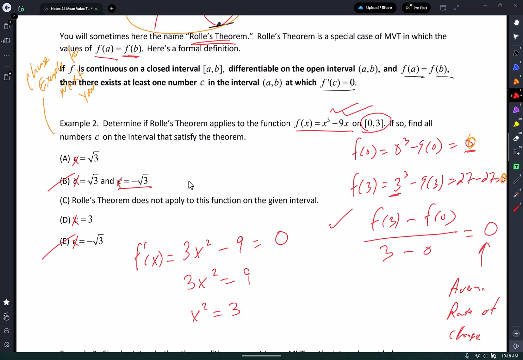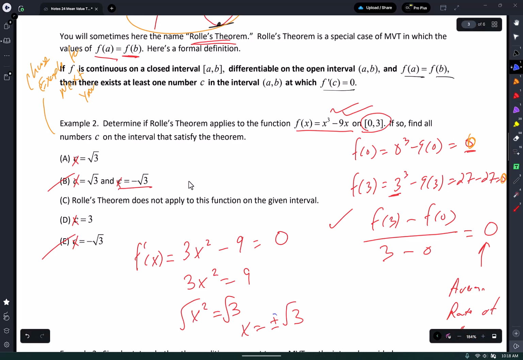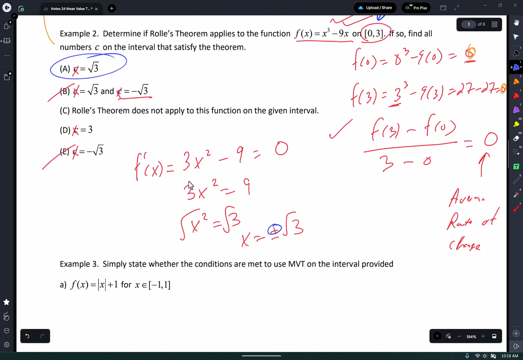And then I'm going to take a what? Square root. x equals plus or minus square root of 3, but you only choose the one on the interval between 0 and 3, which is the positive one. So just letter A. We didn't choose negative because it's not in my interval. The interval has to be between 0 and 3. You know what I mean? And that's pretty much all it is, guys. We're just doing that over and over again.